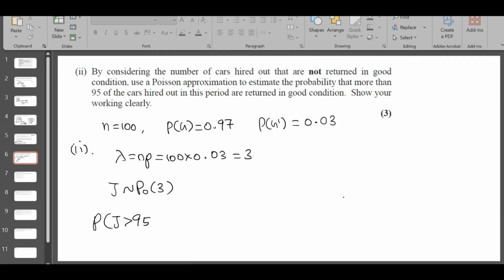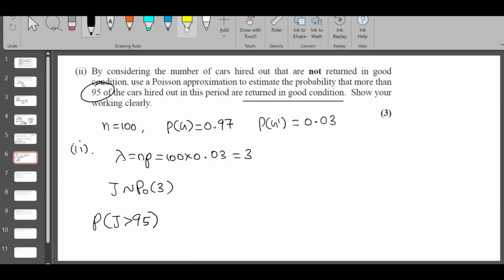Wait, here they say estimate the probability that more than 95 cars hired out are returned in good condition, but we are taking the probability of success as not returned in good condition. Why? Because this probability is small, so you can apply a Poisson approximation.